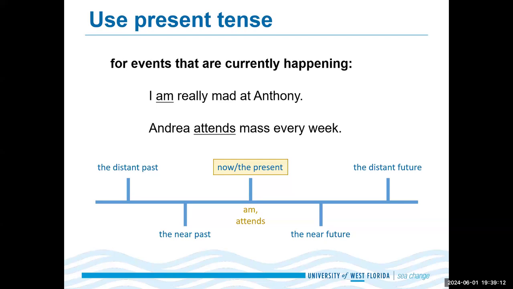Andrea attends mass every week. You always use present tense for events that are currently happening. So if it's happening right at this moment, you have to use "am" as a present form of the verb, and also for regular verbs, "attends" should be in a present form of the verb.